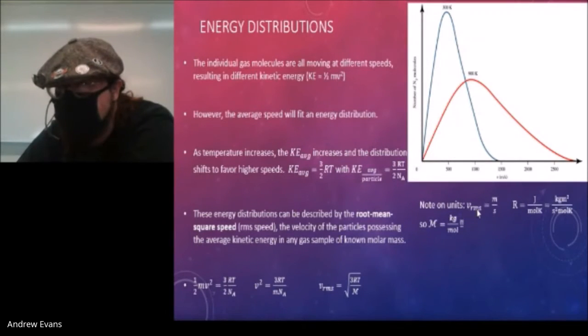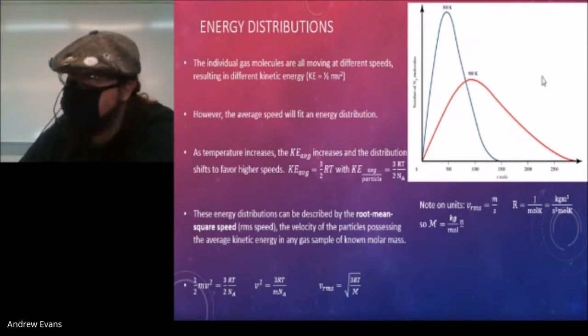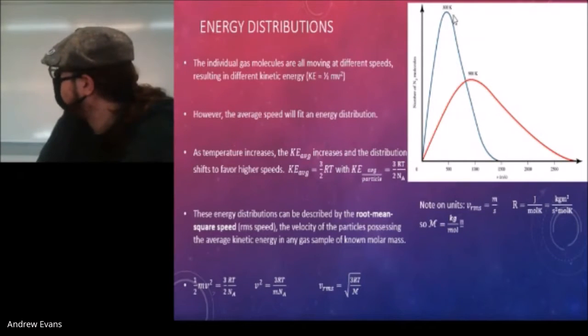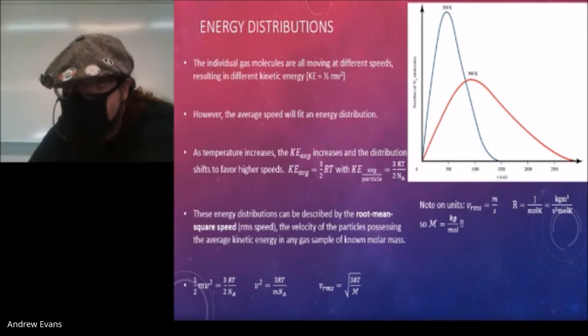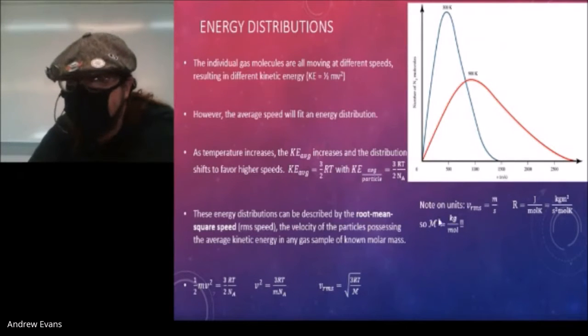Velocity is in meters per second and R is in kilograms meters squared per second squared moles Kelvin. That means the molar mass has to be in kilograms per mole to cancel everything out. But from this, you could figure out how fast on average a gas is going.